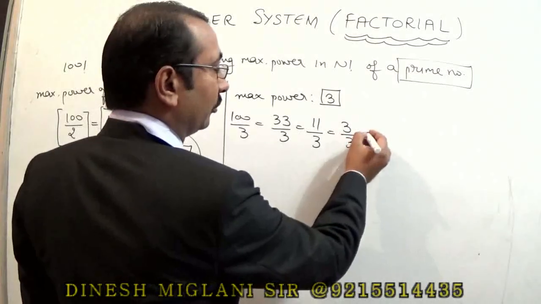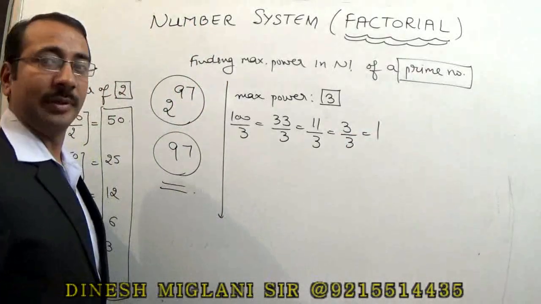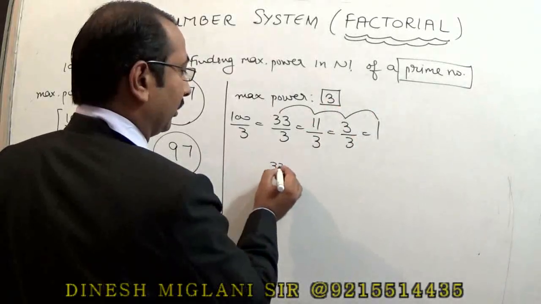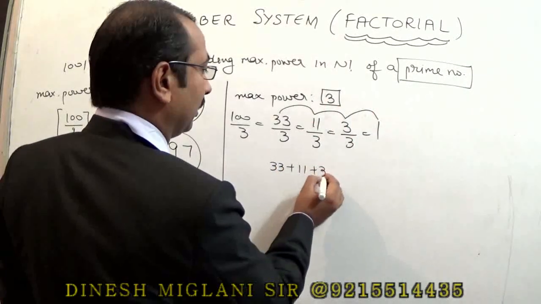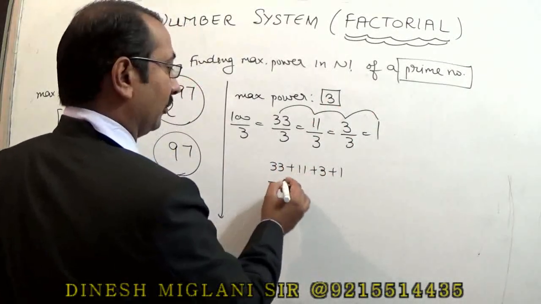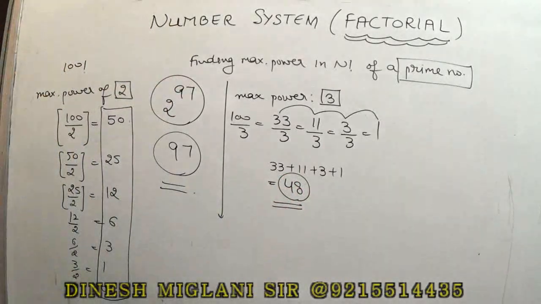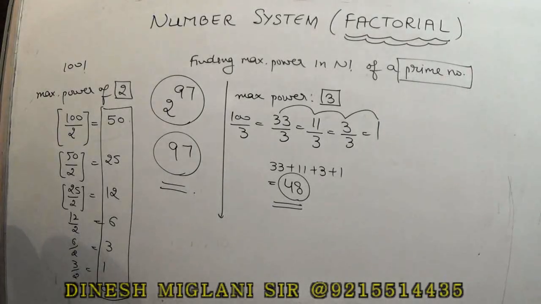Then 3 by 3, you get 1. Further it cannot be divided. Add all these numbers: 33 plus 11 plus 3 plus 1, and you get 48. So the maximum power of 3 that divides 100 factorial exactly is 48.